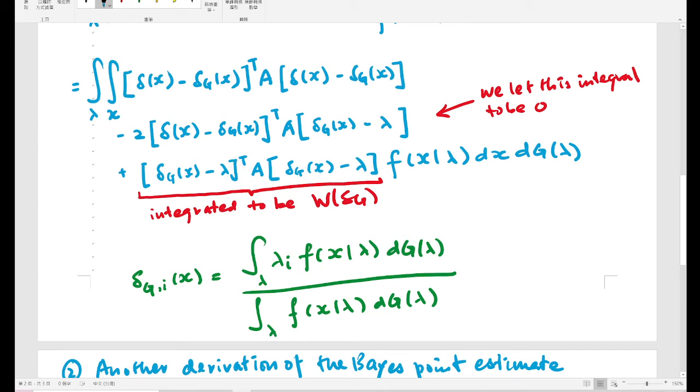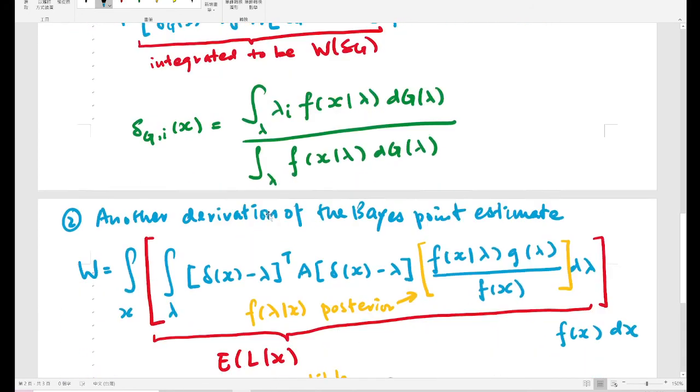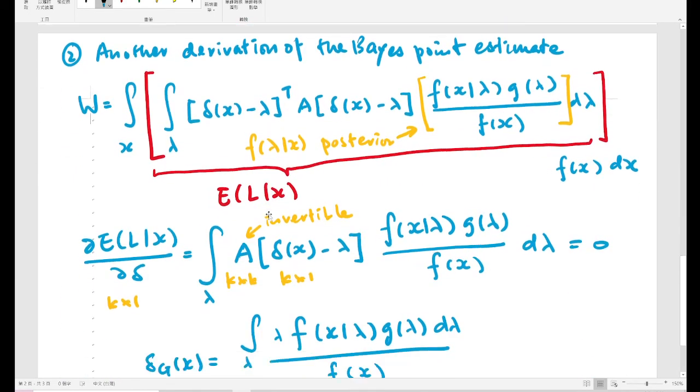Just set the second integral to be 0. Then the immediate condition is that delta G, for any value of x, is equal to the ratio between these two integrals. But what is this ratio? This ratio is exactly the posterior mean of lambda, okay? So very straightforward.